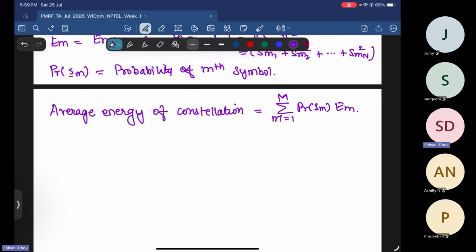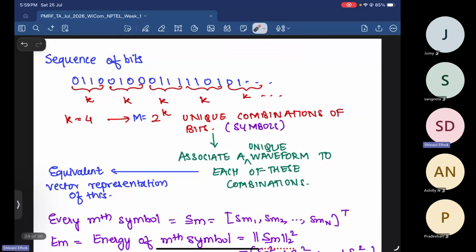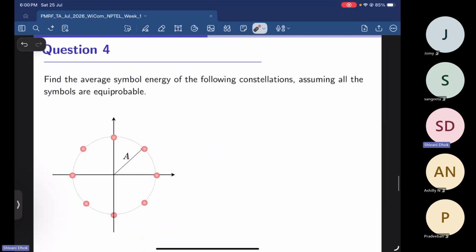This is a basic concept that is covered in digital communication. I have made a huge jump because that is a prerequisite, but you can refer to the Proakis book for this particular setup. It explains very beautifully this signal space representation, the very generic way of assigning a waveform, and so on. Okay, so now let's move on to the question that I want to solve.